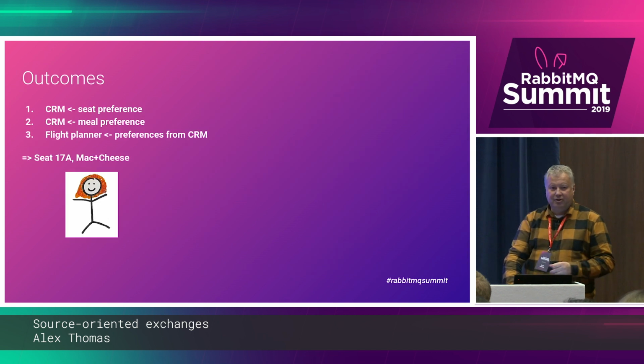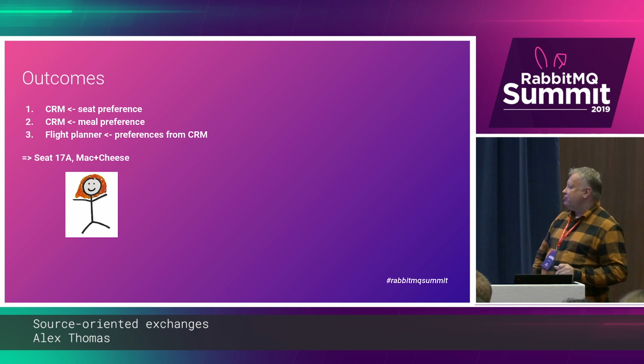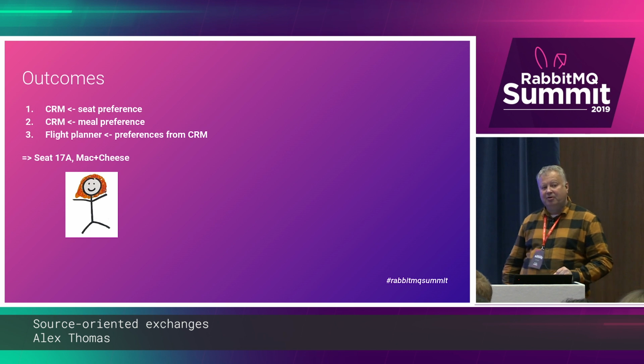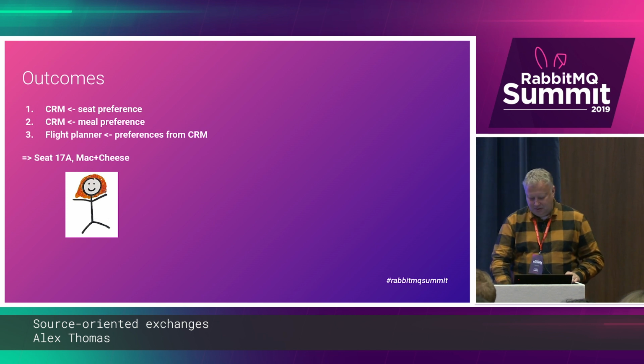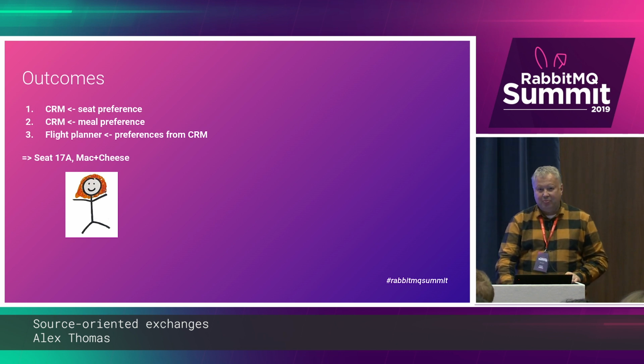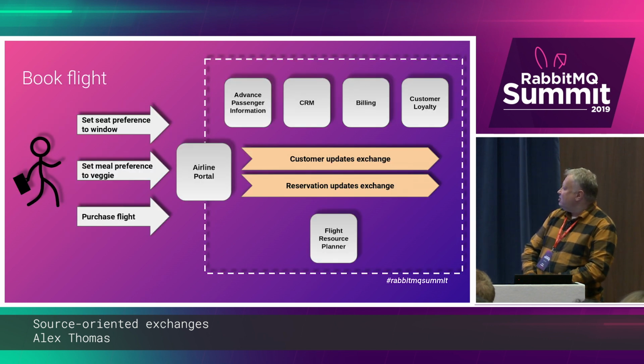And the outcome, hopefully: these three events come through, they're picked up by the downstream systems, maybe the preferences go to the CRM system, and then they're picked up from there by the final booking system, and the meal allocation is made and the seat reserved. But looking back, there's nothing there that actually guarantees that at all.